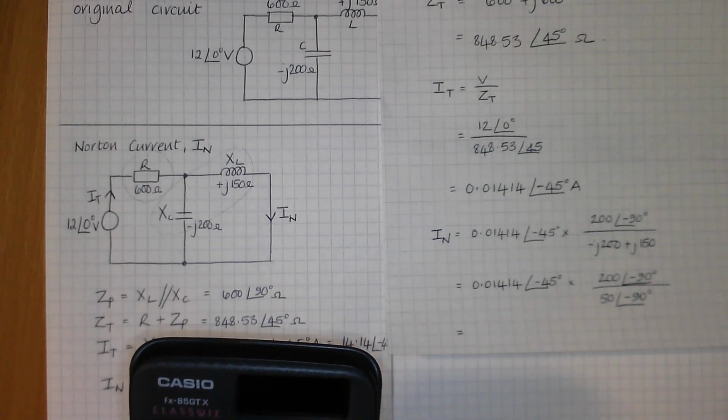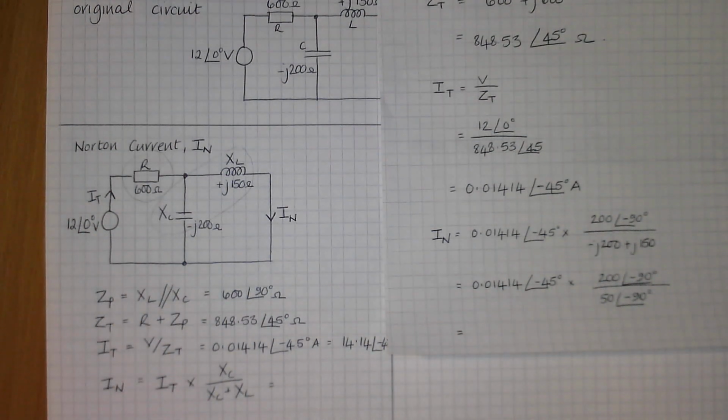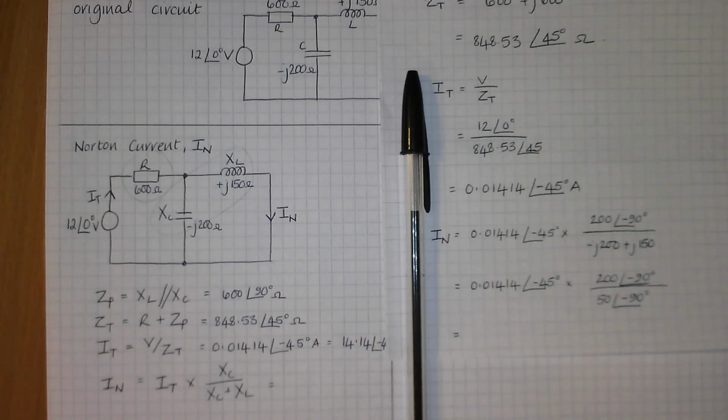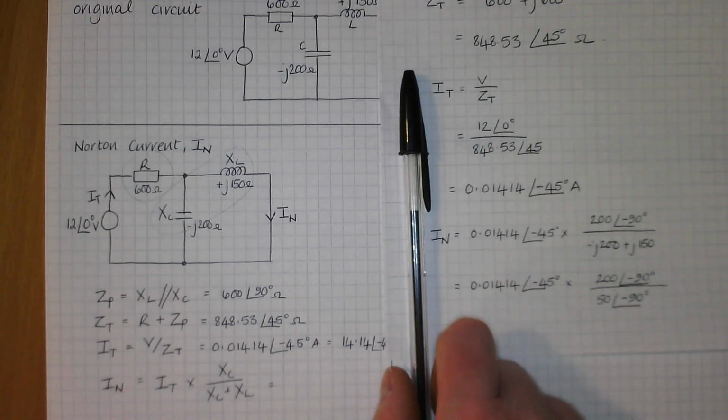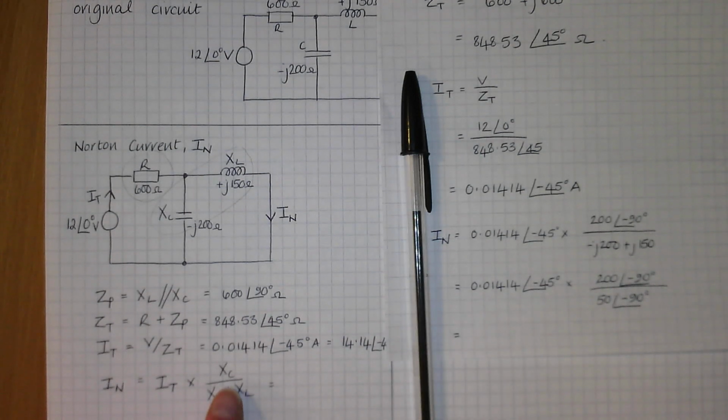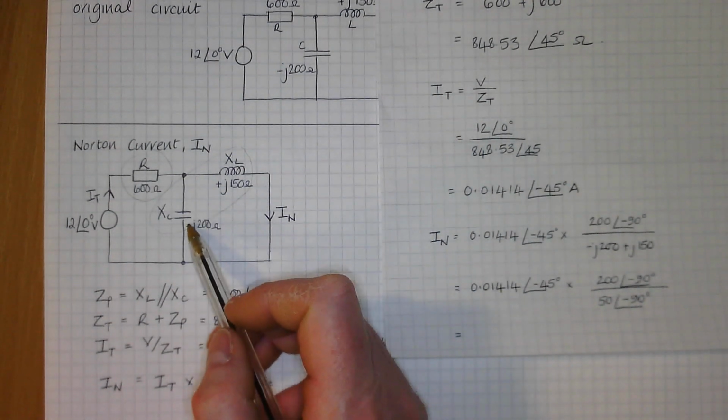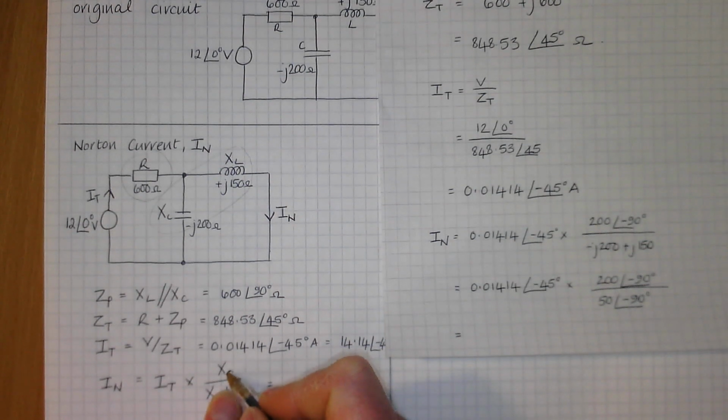Or is it XE or XL? Sorry? C in the IN, is the formula IT times XL over XL plus XE? It's the opposite branch for a current divider. So XC goes in the top.